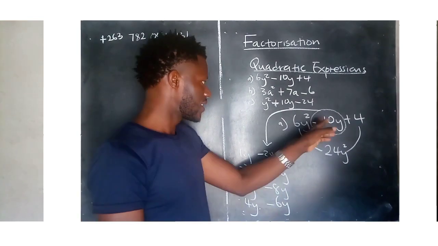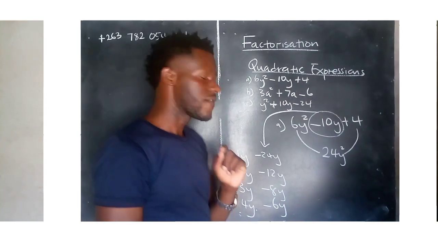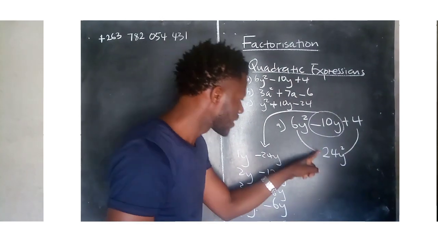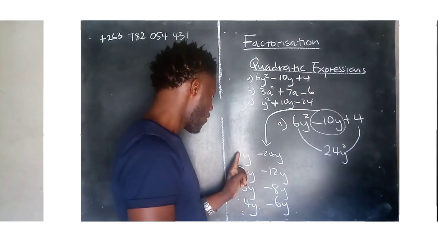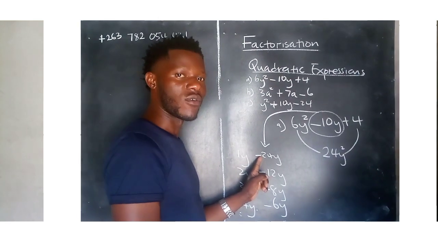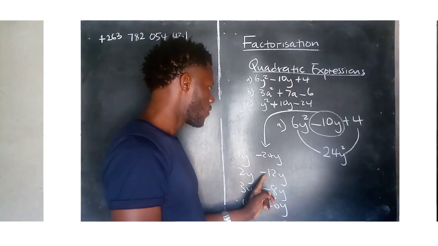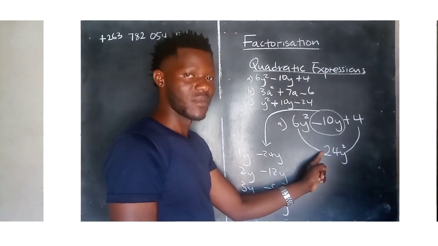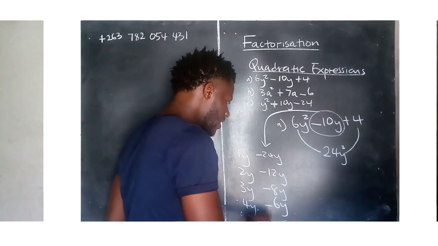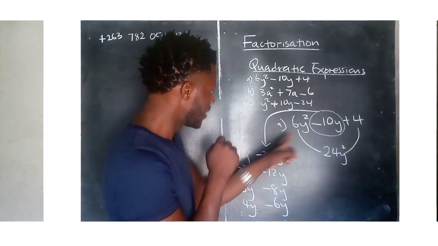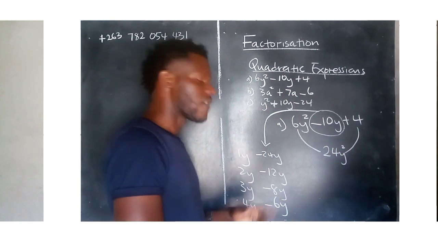After effecting this sign, check if the multiplication of the factors can still give the proper sign of the product. 1 times minus 24, we cannot get positive 24. 2 times minus 12, we are not getting the sign of the product. But we cannot reverse what we did here. The middle sign is always given to the bigger values.